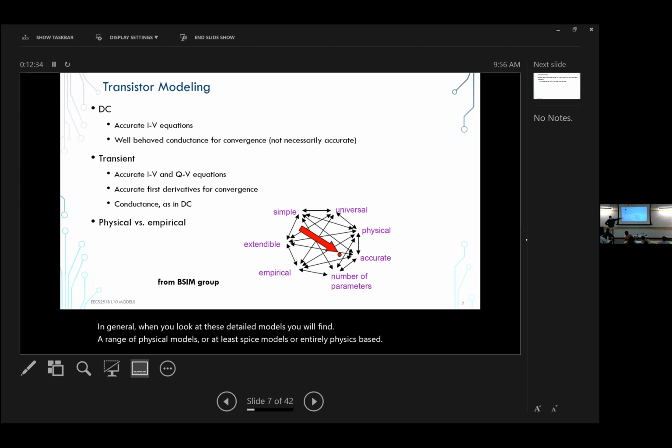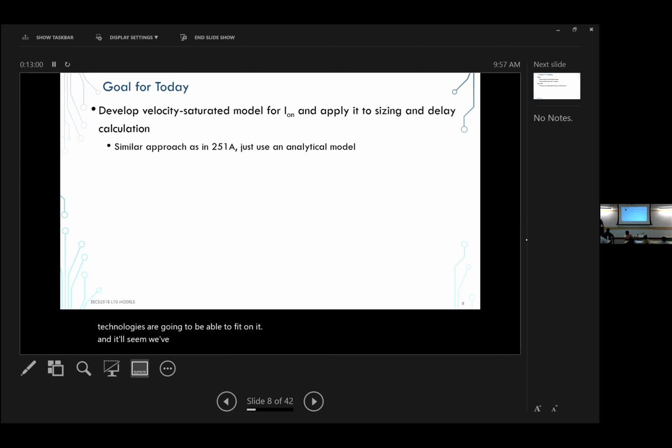They became much more empirical over time, so there is a mix between empirical and physical. They started with a small number of parameters. The number of parameters has gone dramatically up. And there is always this quest to use something that is going to last for generations, and many technologies are going to be able to fit on it. And we have seen changes in there.